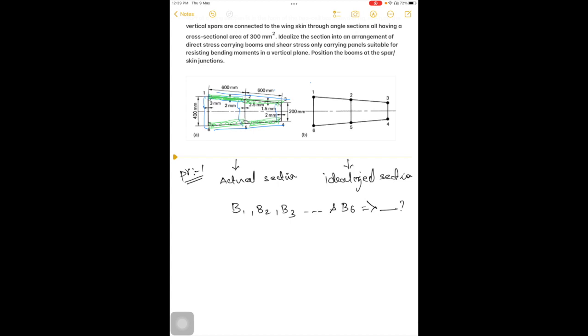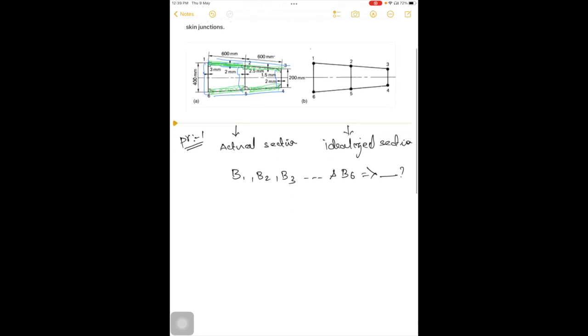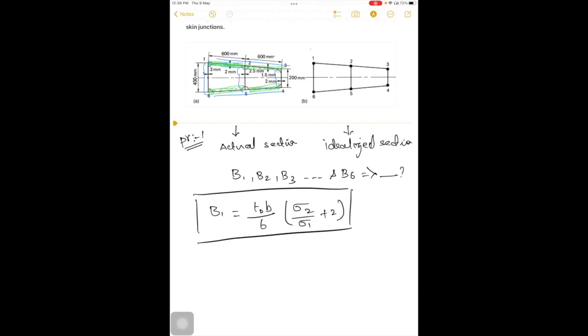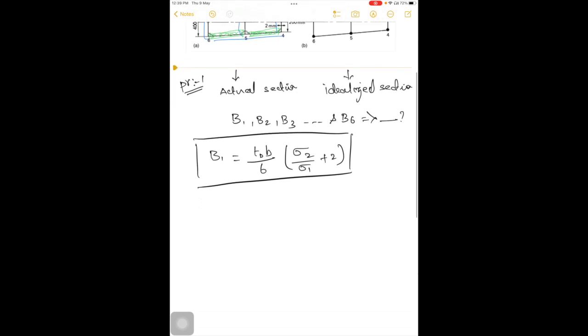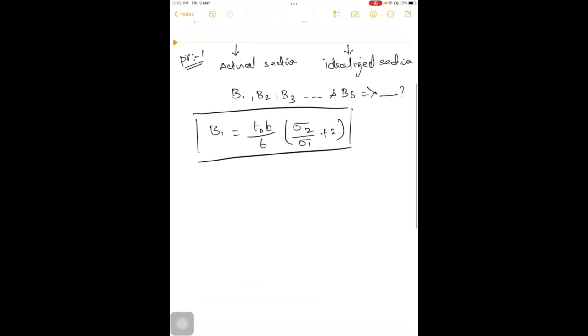For that we already derived the empirical relation for booms, that is B1 equals t_D, thickness into breadth, divided by 6, into (sigma 2 divided by sigma 1 plus 2). We derived this empirical relation in the last class, so we will use it to identify the value of each boom.